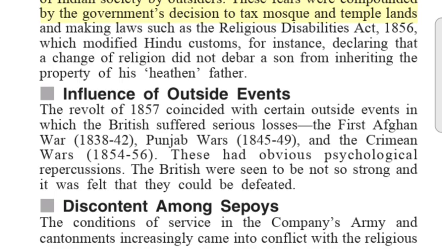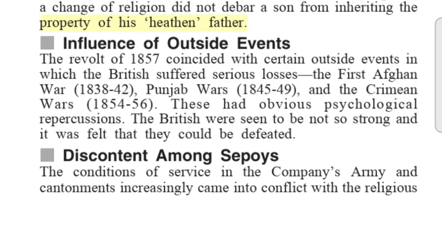These fears were compounded by the government's decision to tax mosque and temple lands and making laws such as the Religious Disabilities Act, 1856, which modified Hindu customs, for instance, declaring that a change of religion did not debar a son from inheriting the property of his heathen father.